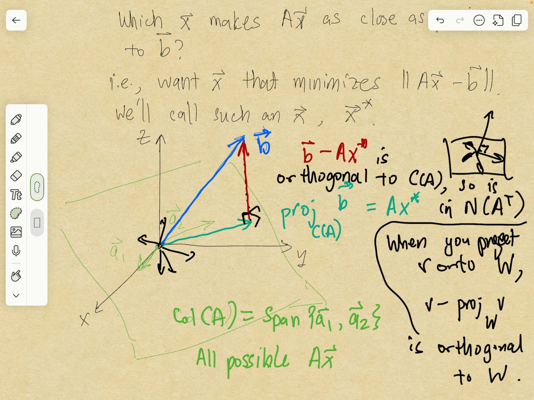I probably didn't prove this because it's a more advanced theorem. But it's true that there's only one way to decompose B into a vector that's on this subspace plus a vector that's orthogonal to the subspace. And since we were able to decompose it, this vector has to be the projection. Okay?